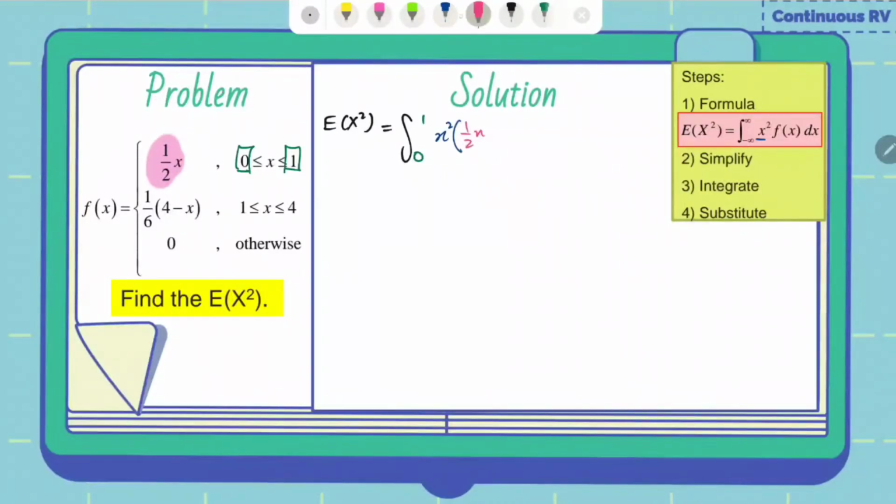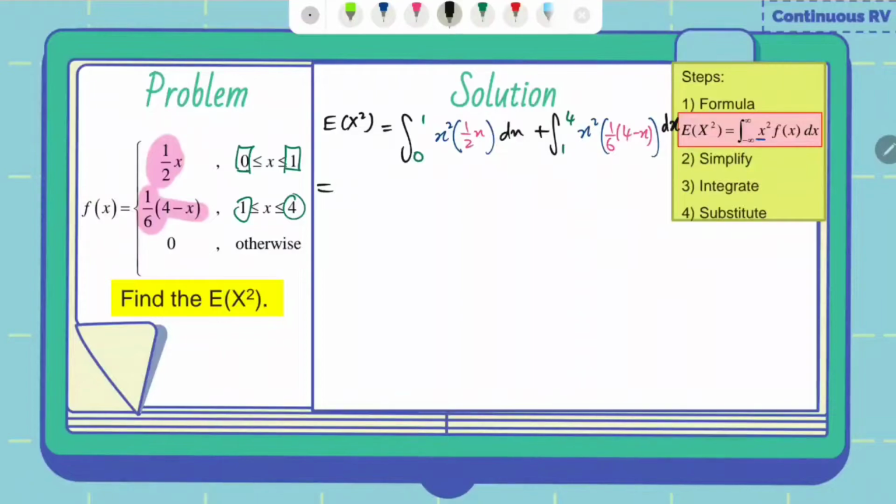So write 1 over 2x, and then dx, plus the next interval from 1 to 4, writing down 1 to 4, and then write down x squared. The function for this interval is 1 over 6 multiplied with 4 minus x. Now see, don't forget dx.